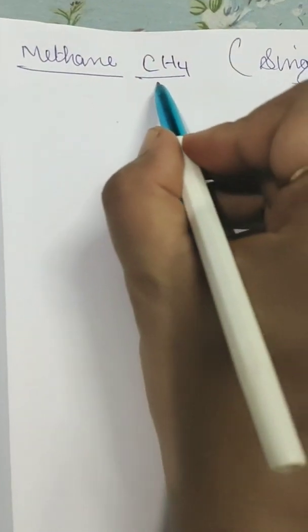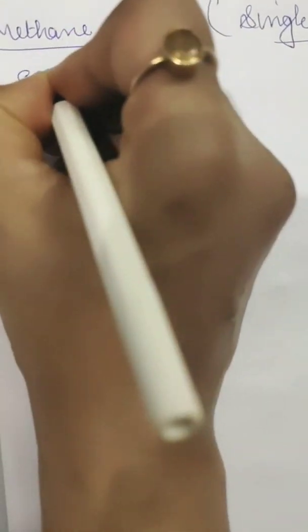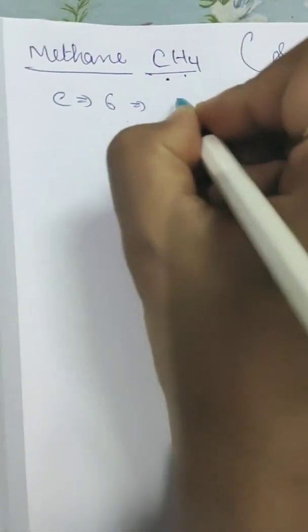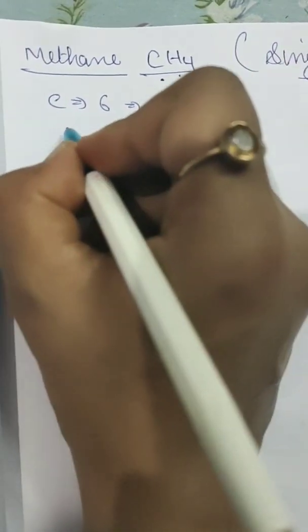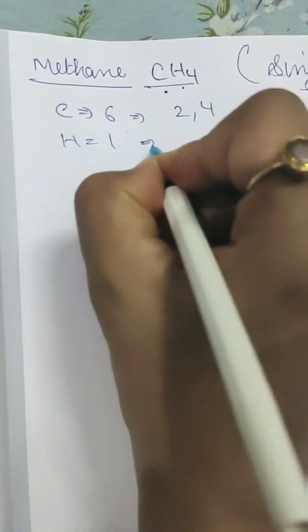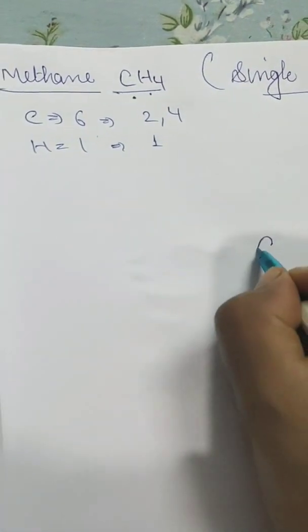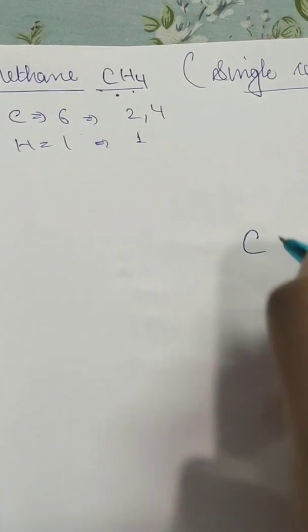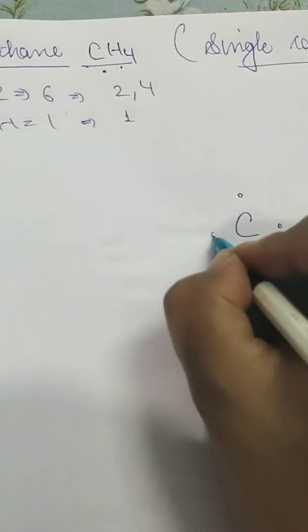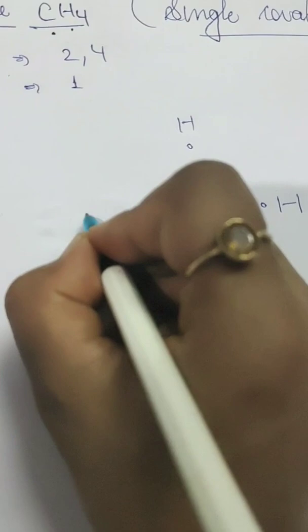As we can see here, carbon and hydrogen, it is a hydrocarbon, and carbon has atomic number 6 and configuration of 2 and 4. Hydrogen has valency 1, so configuration only 1. Here this carbon has 4 electrons in its outermost shell. That means carbon has covalency of 4, so it will require 4 hydrogen atoms for sharing of electrons.